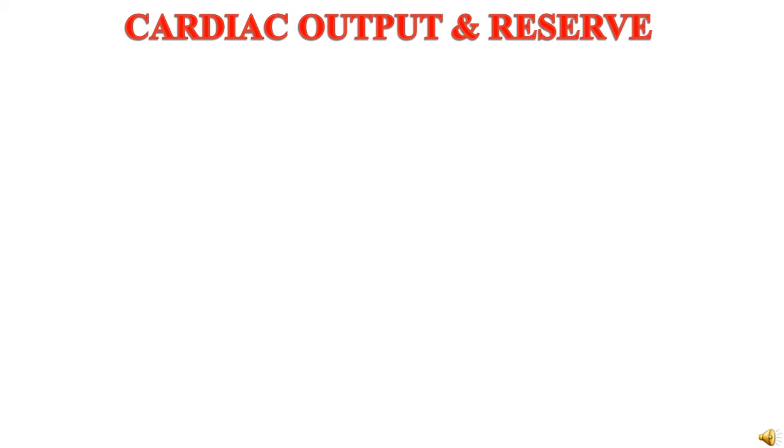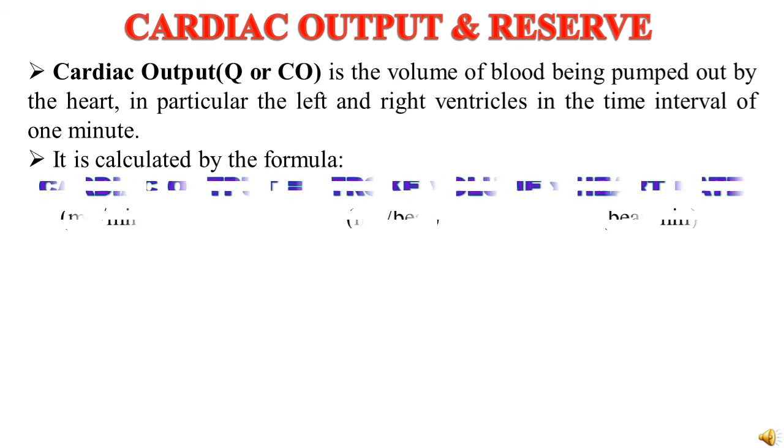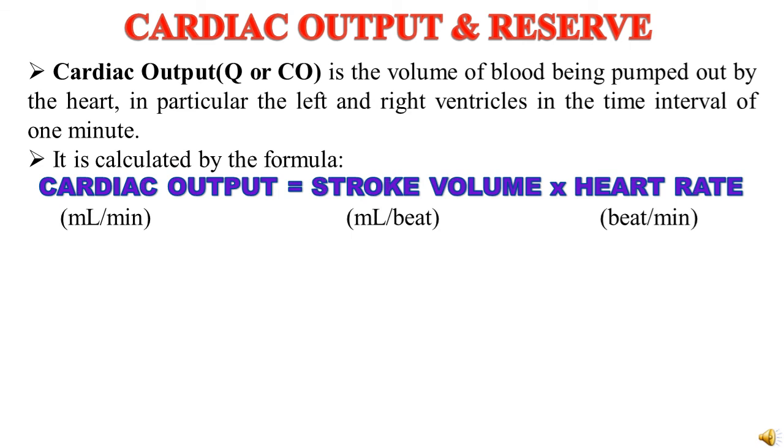Now talking about another topic, which is known as the cardiac output and reserve. Cardiac output is the volume of blood which is being pumped out by the heart, particularly the left and right ventricles, in the time interval of 1 minute. It is generally calculated by the formula: cardiac output equals stroke volume times heart rate.